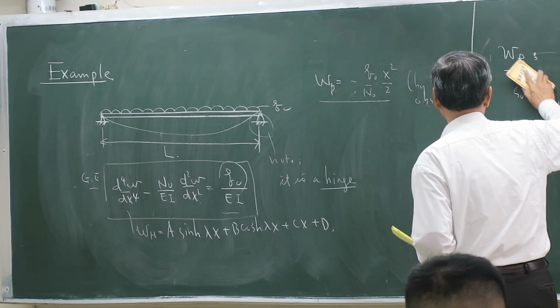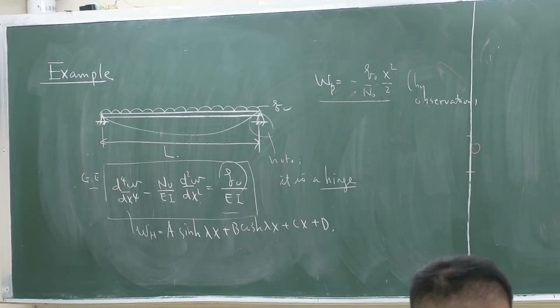After you get this, my total solution will be the homogeneous solution plus the particular solution: A hypersine lambda x plus B hypercosine lambda x plus Cx plus D, plus the particular solution, minus Q0 over N0 times half x squared.